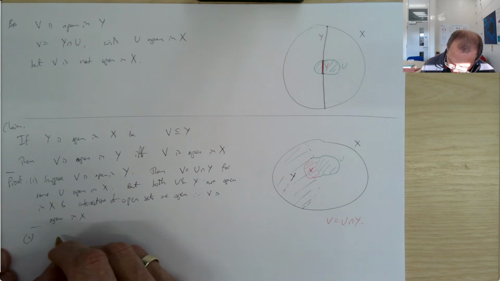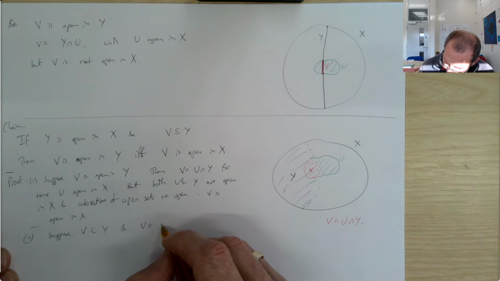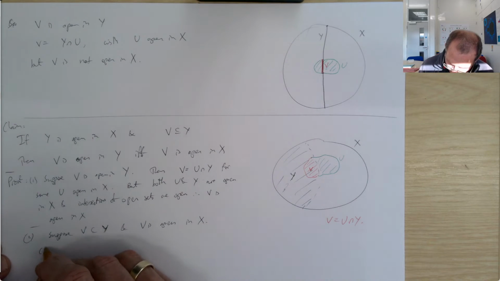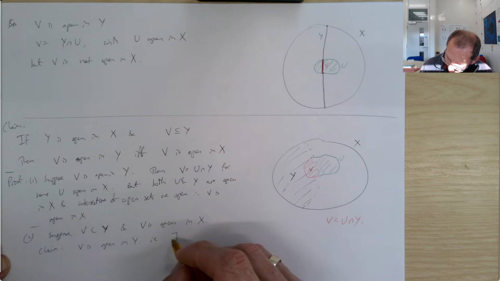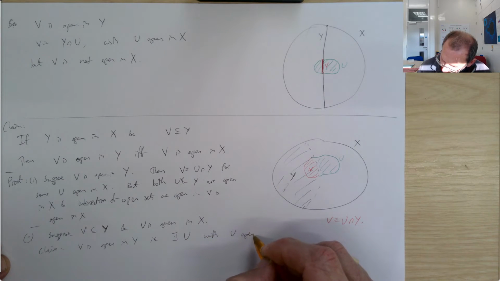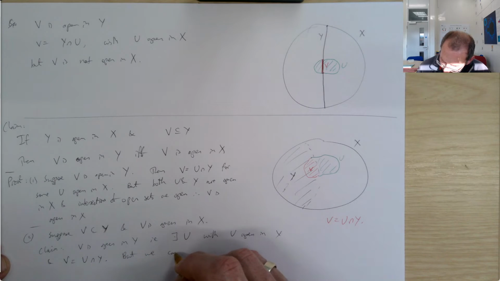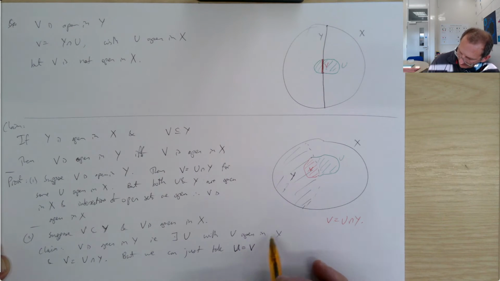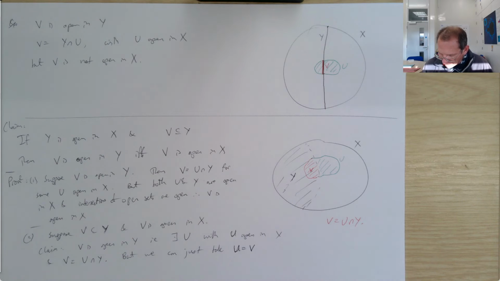And conversely, suppose that V is contained in Y, and V is open in X. So we want to claim that V is open in Y, i.e. there exists some U with U open in X, and V is equal to U intersect Y. But we could just take U to be equal to V. V is open in X, so we can take U equal to V, and then U is open in X, and U intersect Y is just equal to V intersect Y, but V is a subset of Y, so it's just the same.